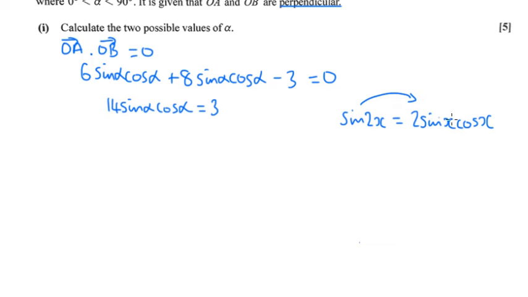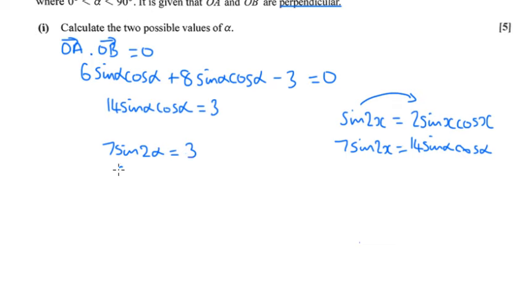So we've got 14 sine alpha cos alpha, which is 7 times 2 sine alpha cos alpha. So 14 sine alpha cos alpha is going to be equal to 7 sine 2 alpha. So we can now replace this with 7 sine 2 alpha equals 3. This is now easy to solve.